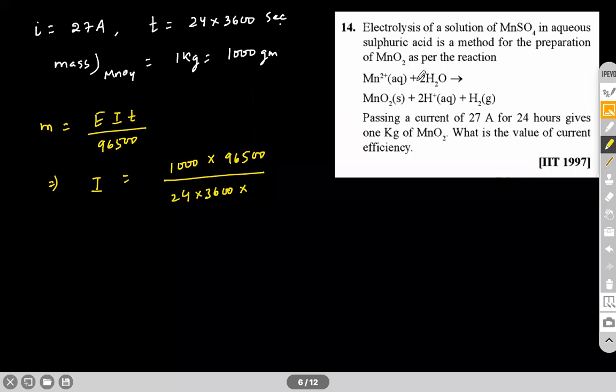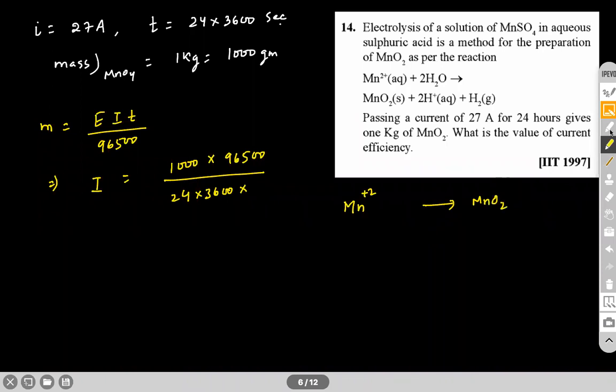To balance this, you get 2H2O on this side, plus 2 electrons, correct? If you write down this reaction, I will tell you how we get the number of electrons exchanged. Mn2+ converts into MnO2.